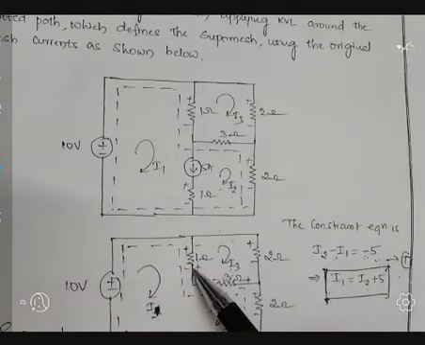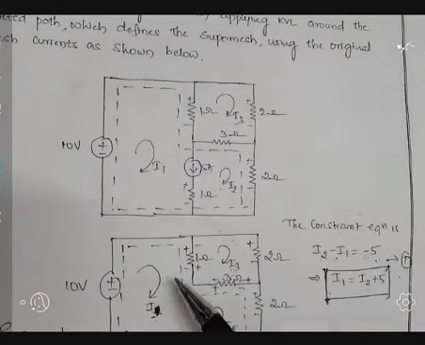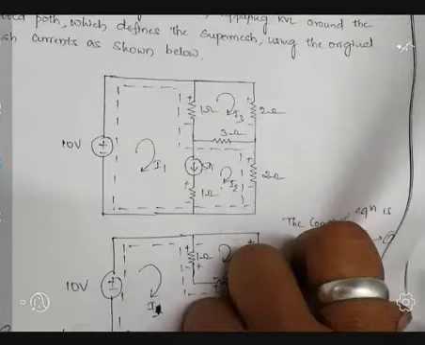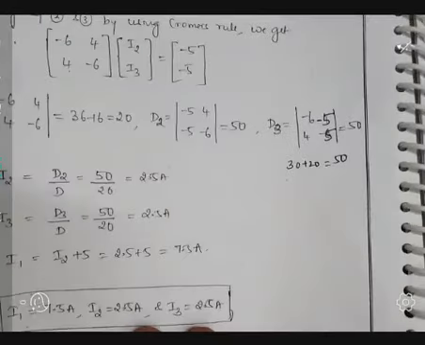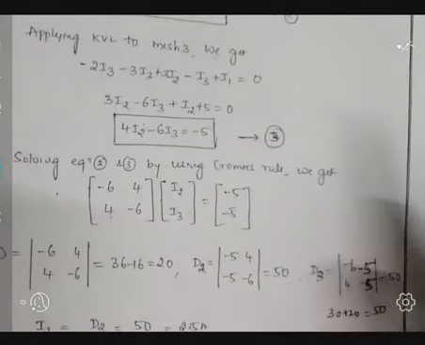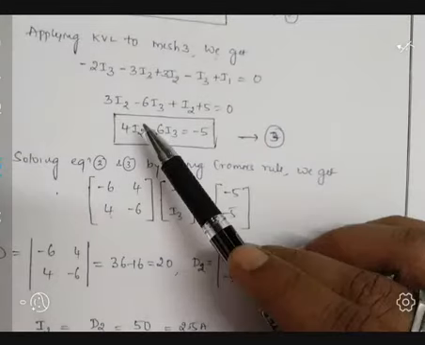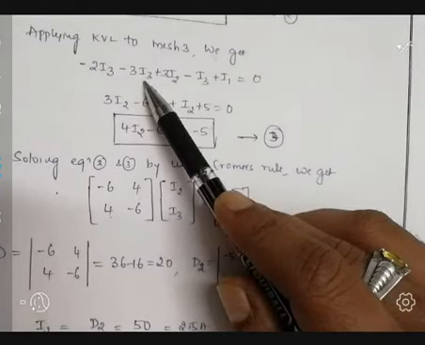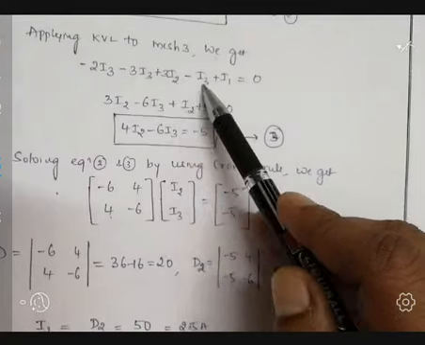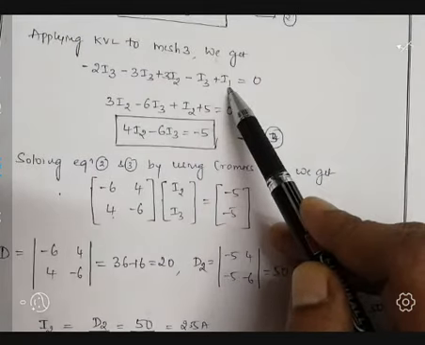In the same branch, one more current is flowing, that is plus I1, equal to 0.